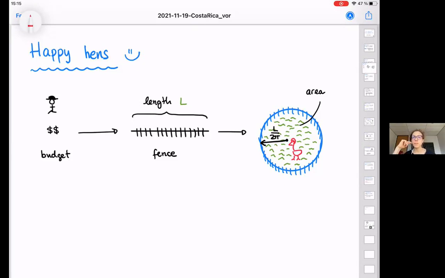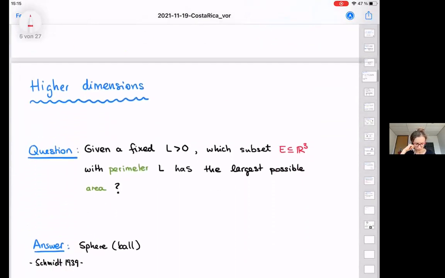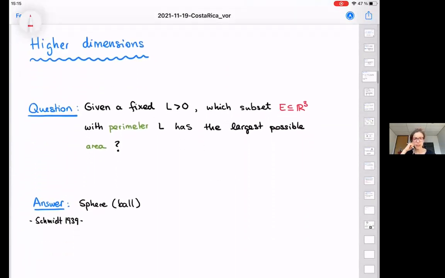And we are going to see that even the language is going to be different. We need some more language. So, okay, let's have a look at R3. The question that we had before said, given a fixed number L, which subset with perimeter L has the largest possible area.